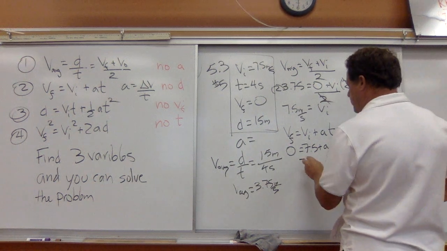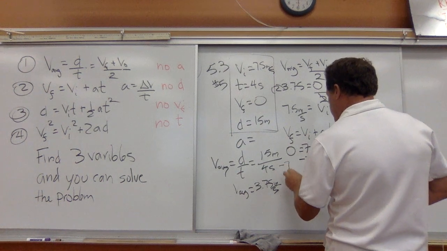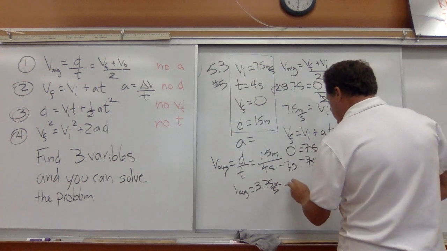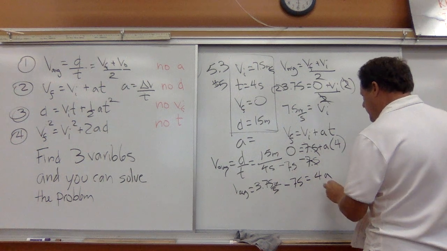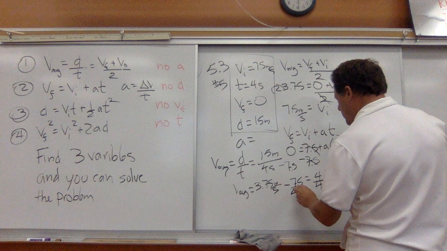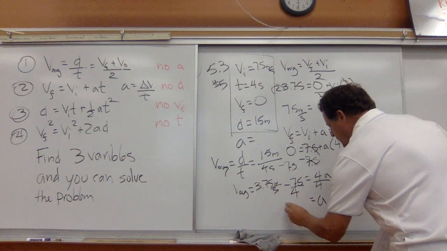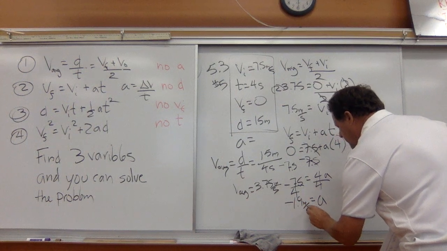We subtract 7.5 from both sides, so negative 7.5 is equal to 4a. Divide both sides by 4, and we get an acceleration of negative 1.9 meters per second squared.